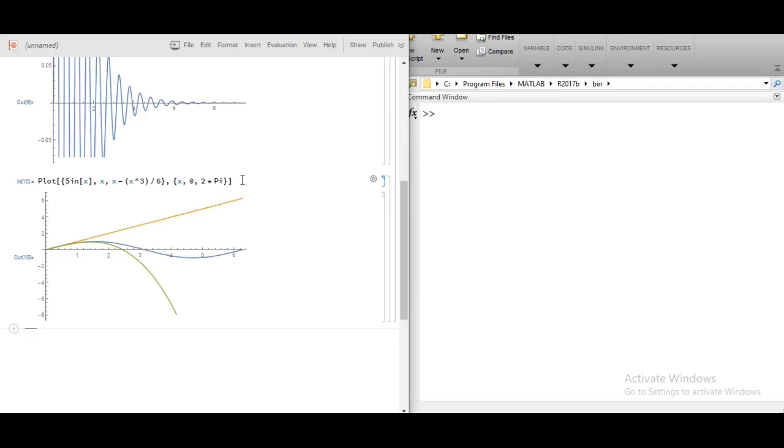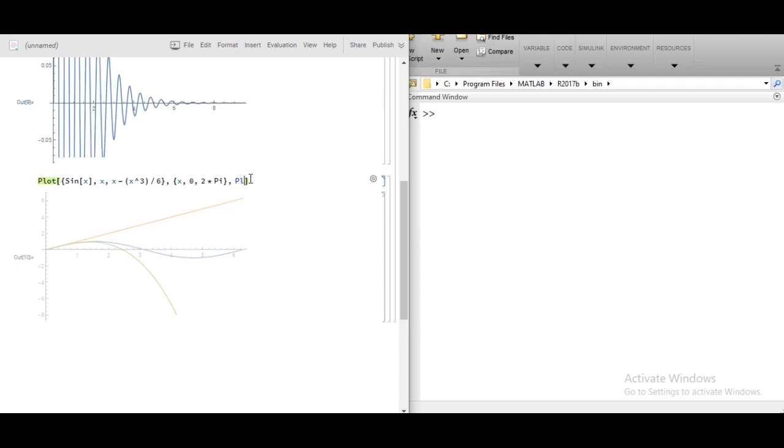So this is the graph we are getting here, all three graphs. Then one more thing we can do here: we can change the color of the three plots.